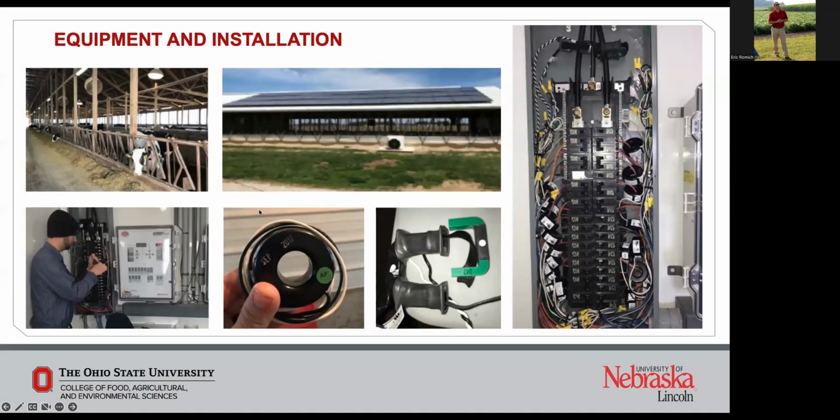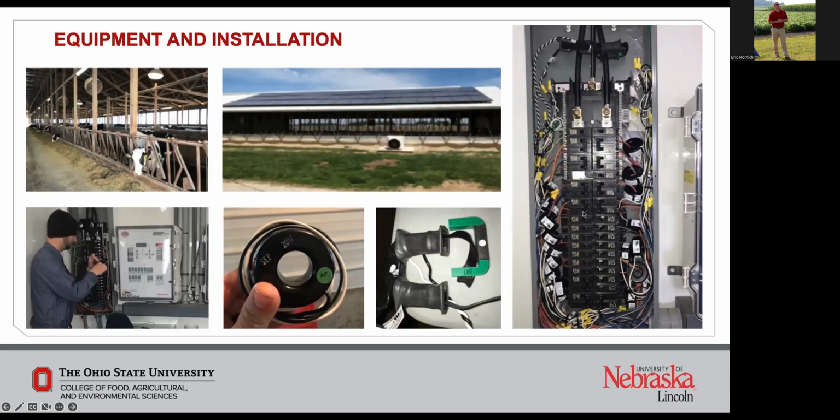A quick review of some of the equipment that we have installed in these farms. In the picture here, you can see some current transformers. This would be a closed loop or donut transformer, whereas this is a split core current transformer that opens up and you can clamp it around the wires.